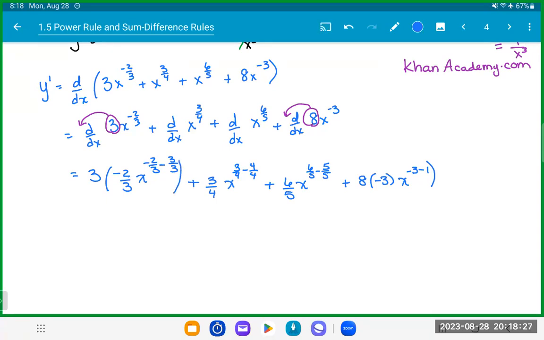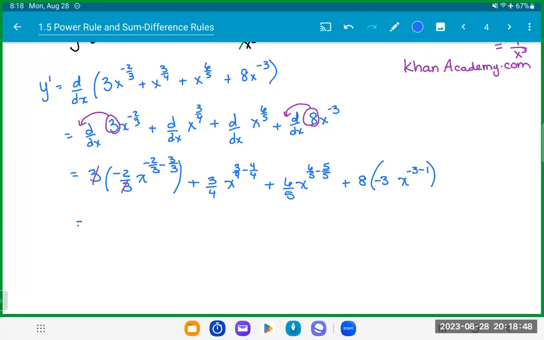So this is going to give us, the 3's cancel here, right? And let's get blue back.